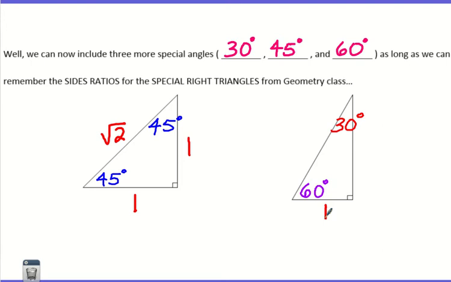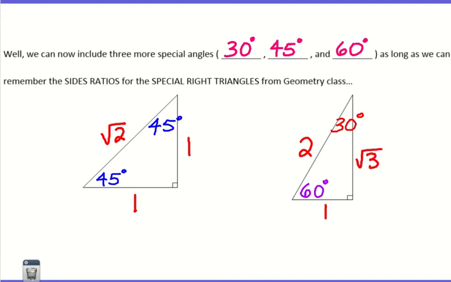What if I said the side across from the 30, in other words, the smallest side, because if that's 30 and that's 60 and that's 90, I don't care if you draw this triangle perfectly to scale or not. Whatever side is across from the smallest angle is going to be the smallest side. So anyway, what if I said that was 1? How long would the other sides be? Would you know that the hypotenuse would then be 2, and the other leg would be root 3?